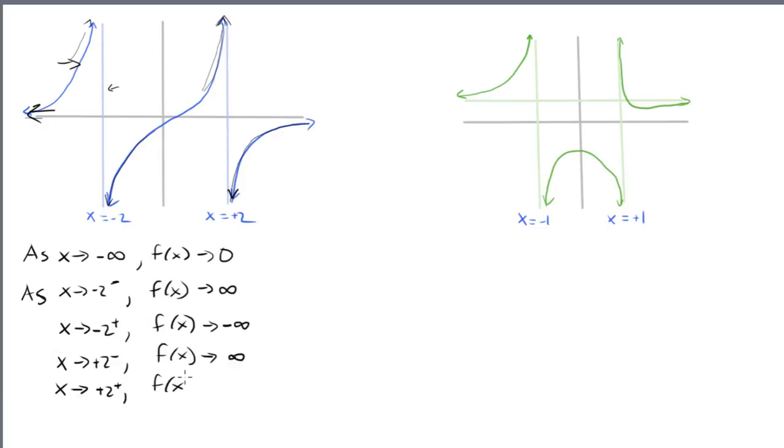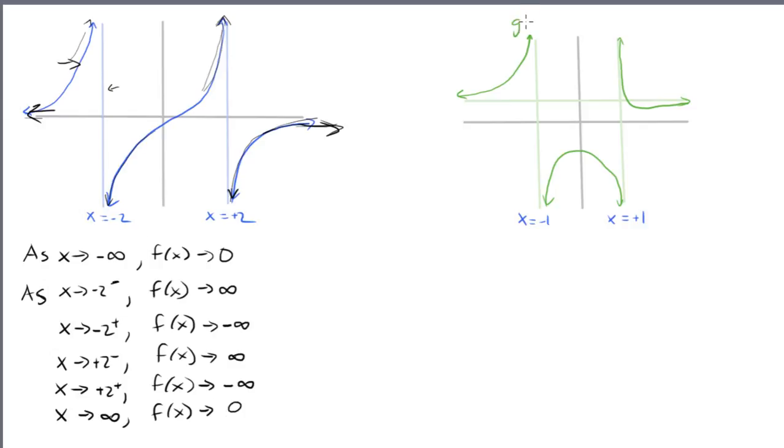F of x goes to negative infinity. Lastly, what happens is we just let x grow. As x just grows and goes to infinity, it's going like this. As x goes to positive infinity, f of x is going to go to 0, that same horizontal asymptote.